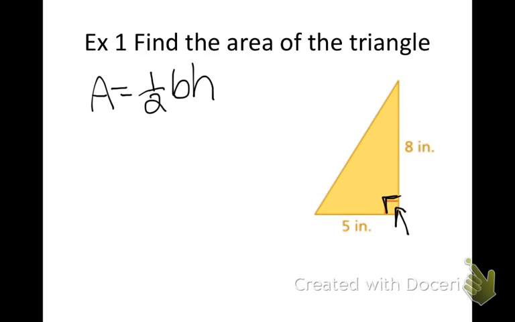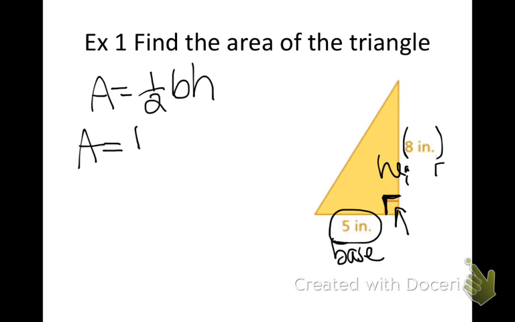So remember, this sign says that's a right angle or a 90-degree angle. So the bottom is usually the base, so that's my base. And then my height in this case would be 8 inches. So that's the height. So area equals 1/2, plug in your base.